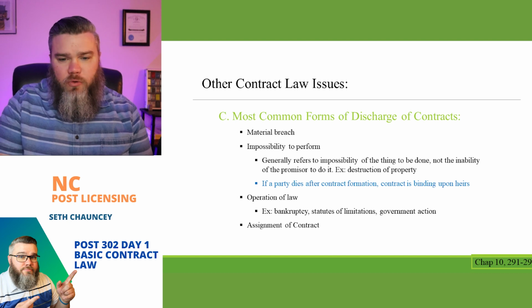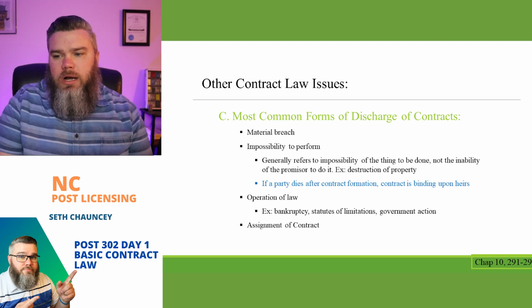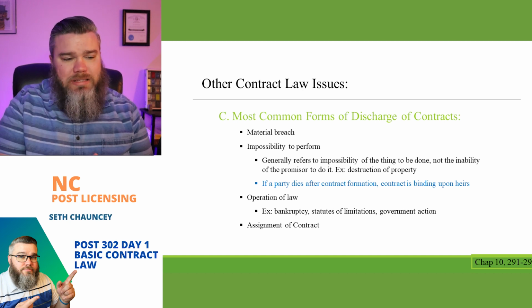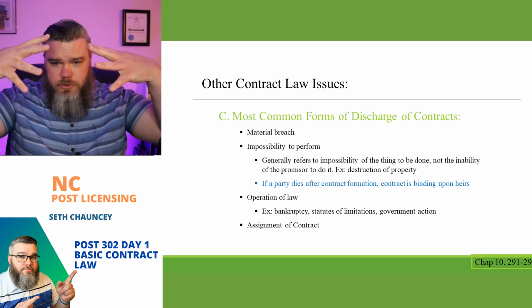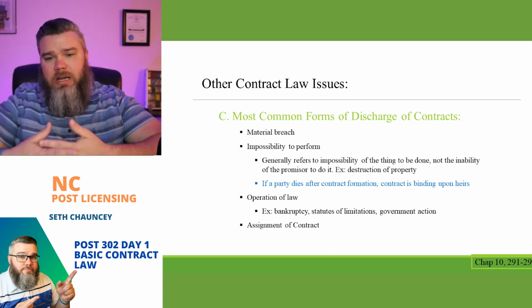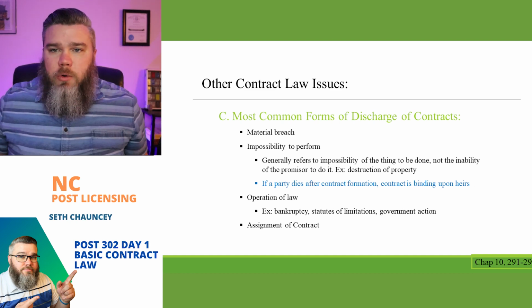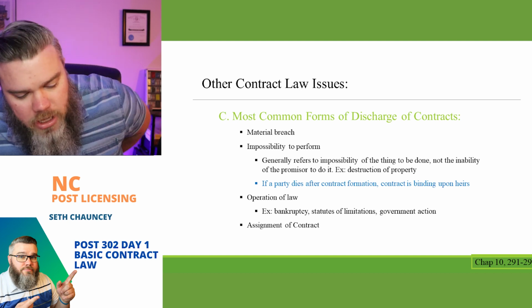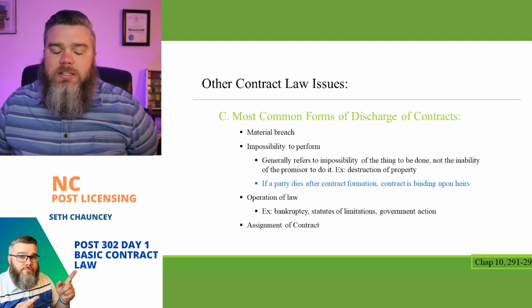That would be impossibility of performance. Of course, there's also operation of law that could constitute impossibility of performance. If you were under contract to buy a house, and then the government comes in and says, we're taking this house by way of eminent domain, you can't sell it anymore because now the government owns it. So that would be operation of law that could kill a contract, or yet again, impossibility of performance.